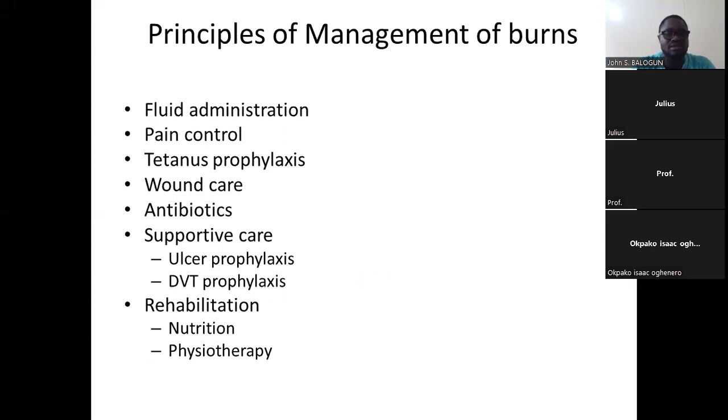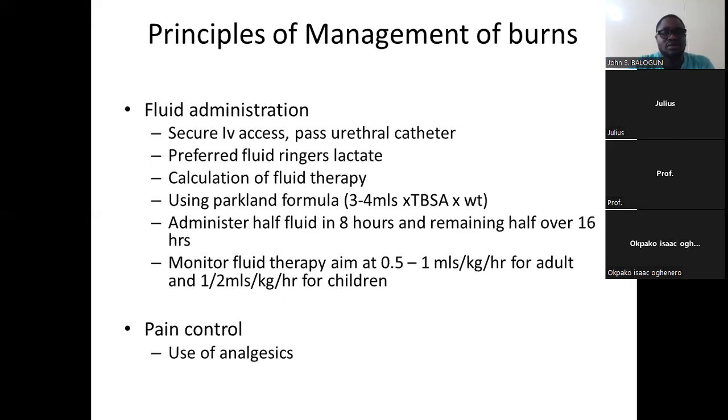In fluid administration, once you see a burn patient, the first thing you want to do is know the total burn surface area. Once the total burn surface area is more than 20%, you must set a line.